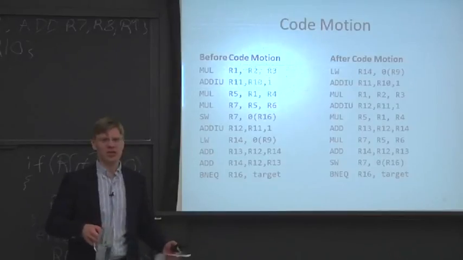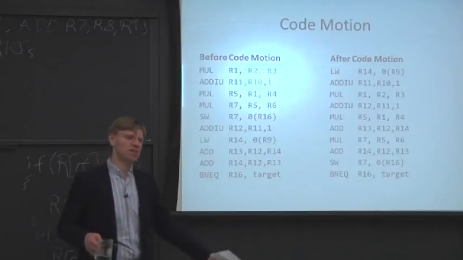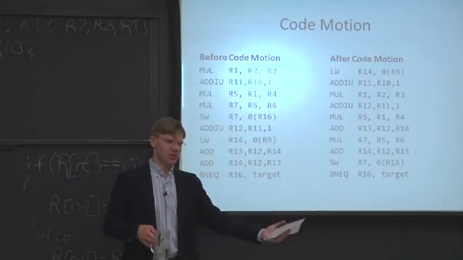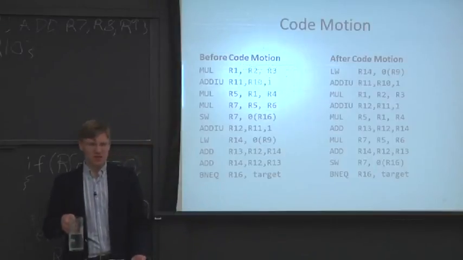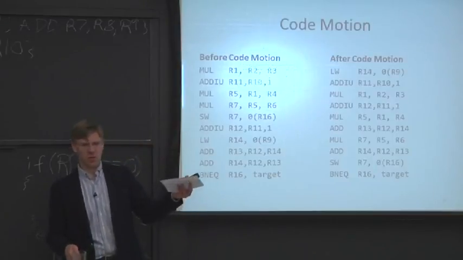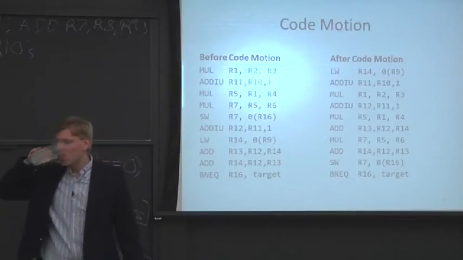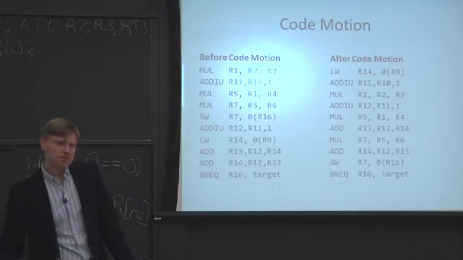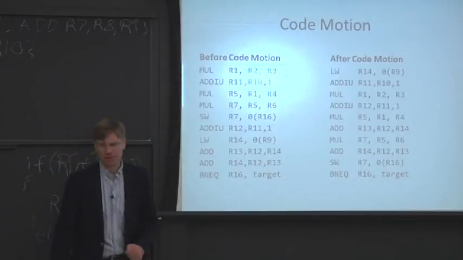We can't just move a read-after-write dependence someplace else. We can't say instruction A reads the result of instruction B and then move A before B, because it just wouldn't make any sense. But a lot of times, the compiler has some flexibility in what it can move around.